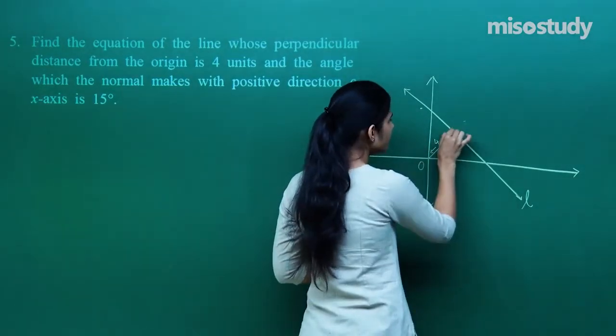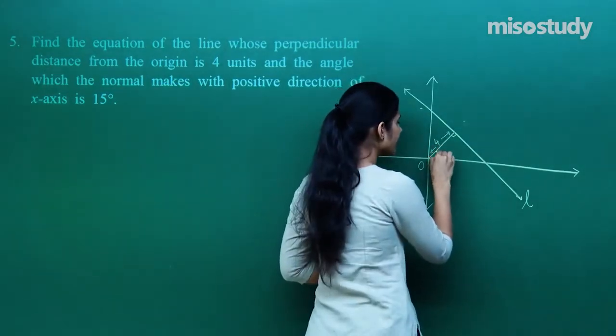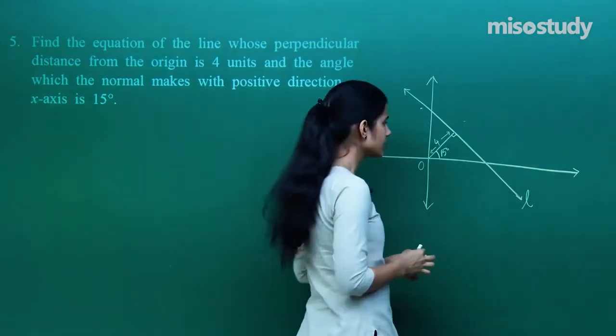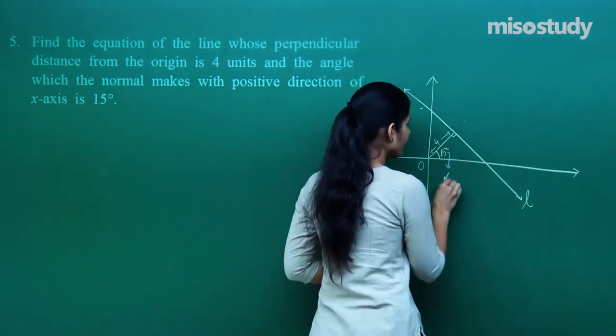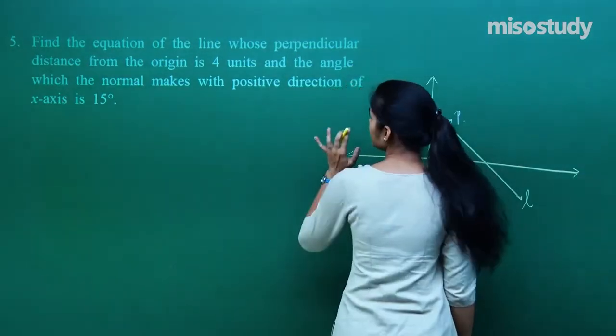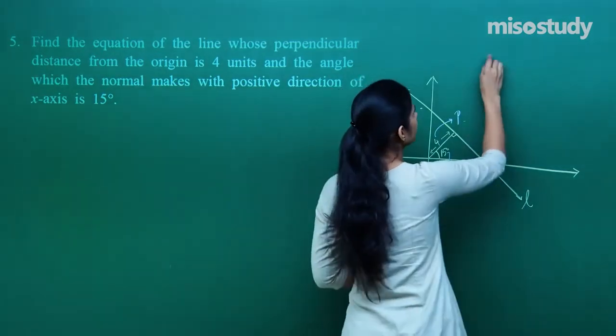Now the perpendicular which is drawn to the line from origin itself is the normal, and the normal is making 15 degrees angle with the positive direction of x-axis. You are given the value of alpha, you are given the value of p. It is written find the equation of this line. I can obviously find this equation in the normal form only.